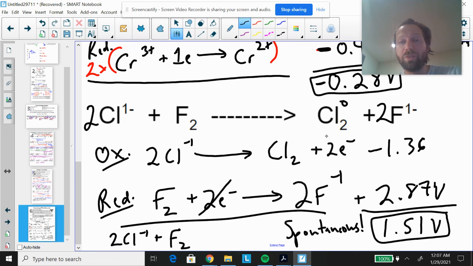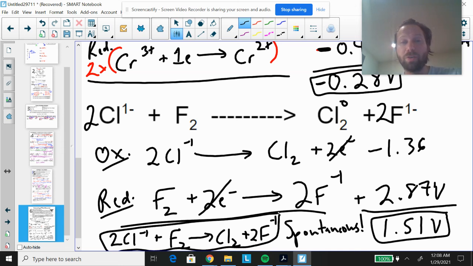I'm not going to include the 2 electrons because they're on both sides. And then you have Cl2 plus 2F minus. So this would also be the balanced chemical equation. Hope that was helpful.